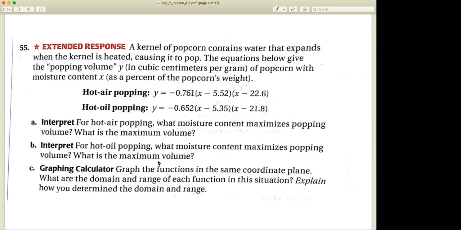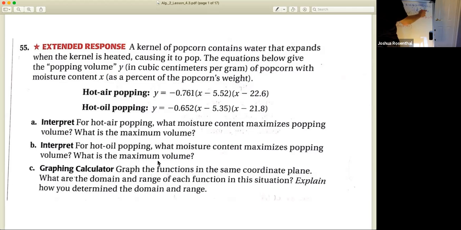Hold on, 21.8 is right around here, right? So this one goes through there. And then the maximum of this one is lower, right? So this point was at 14.06.